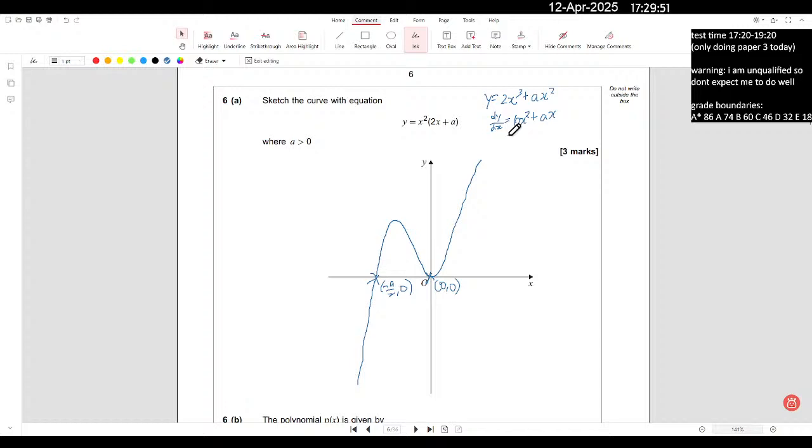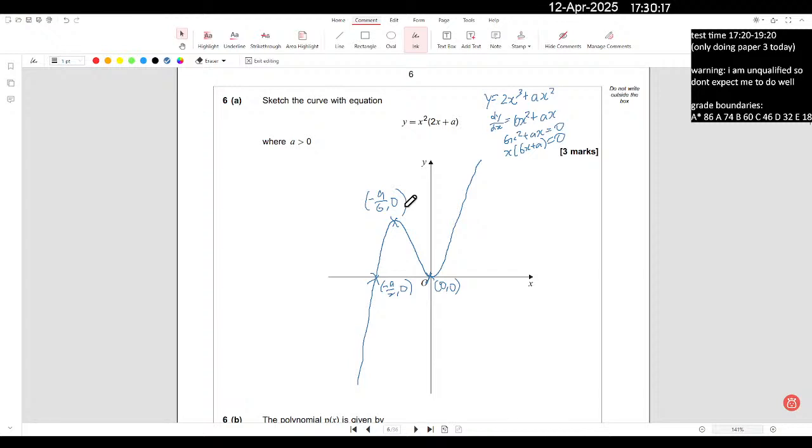So when dy over dx equals 0, 6x plus a. Okay, so this point here, the turning point would be negative a over 6. I believe, I don't know.